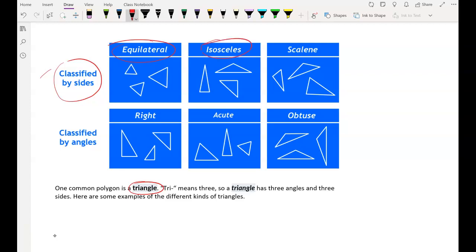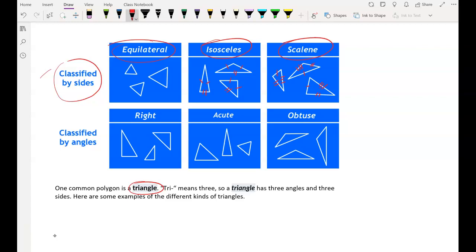An isosceles triangle has 2 sides that are the same length, and 1 side that is not. A scalene triangle. In a scalene triangle, no sides are the same length. They are all different lengths. Notice all sides, different lengths.